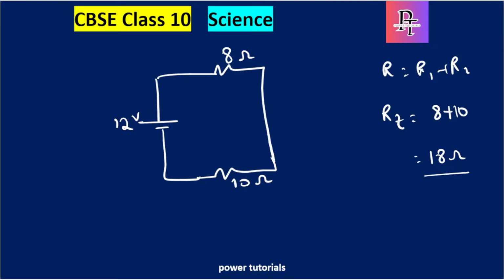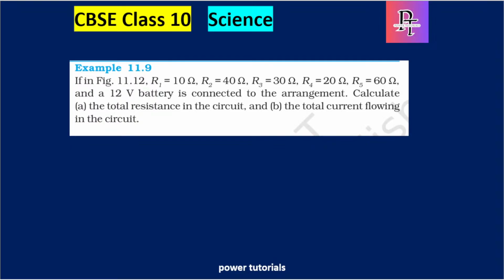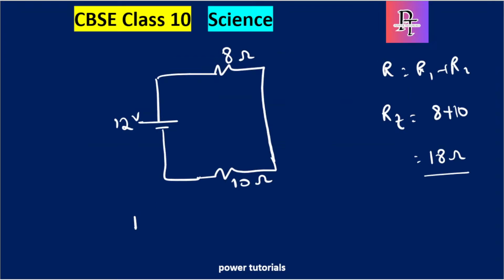Okay, so what else are they asking in the question? Total resistance we have found out, and total current they are asking. So simply total current will be, using Ohm's law, voltage by total resistance. Voltage is 12, resistance is 18, so which is 12 by 18.